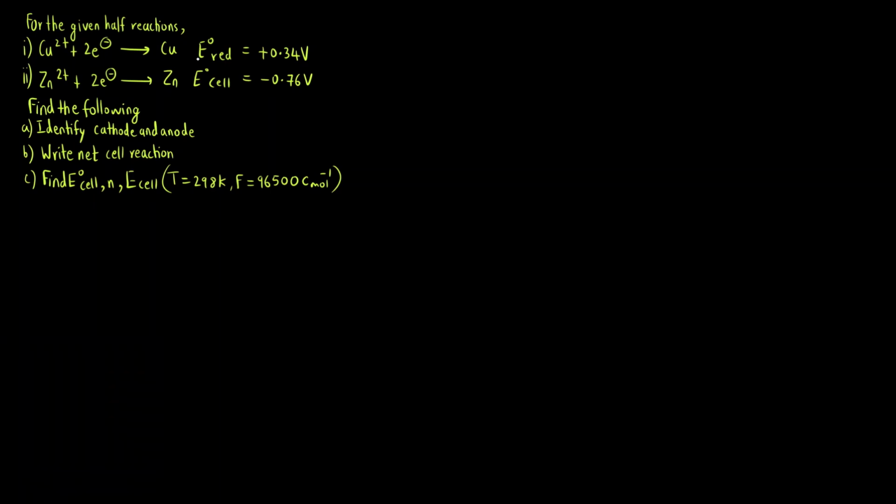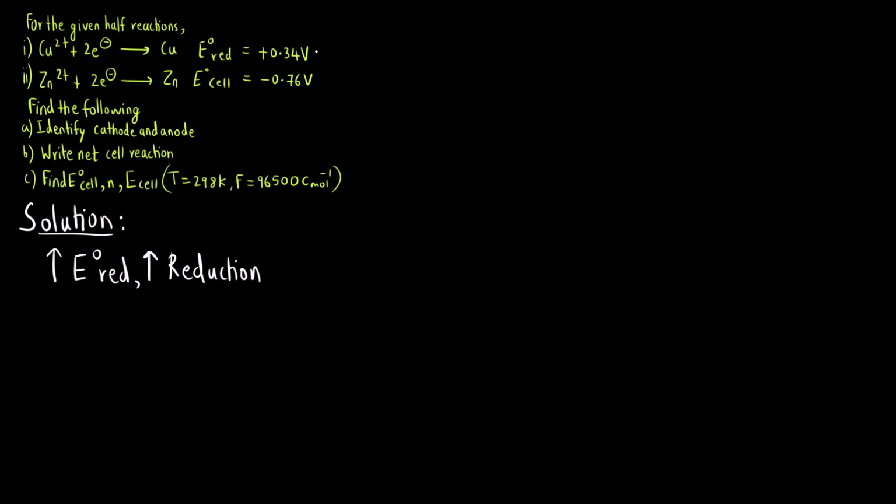This reaction is given, so we have to solve this. First, we have to identify the cathode and anode. For that, as I told you, the greater the value of standard reduction potential, the more is the tendency of that half cell to undergo reduction.